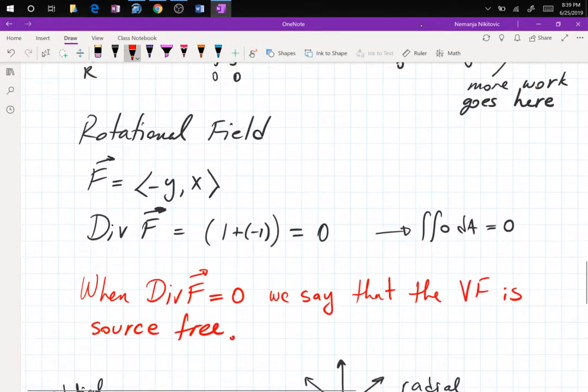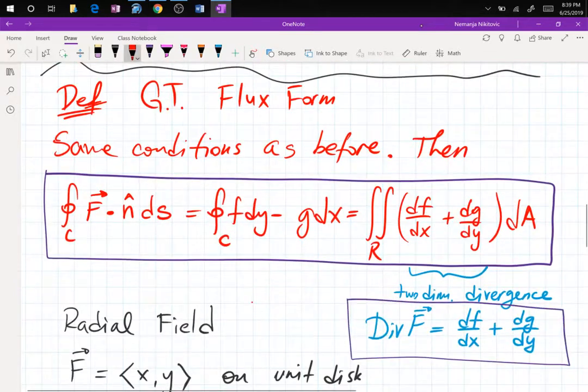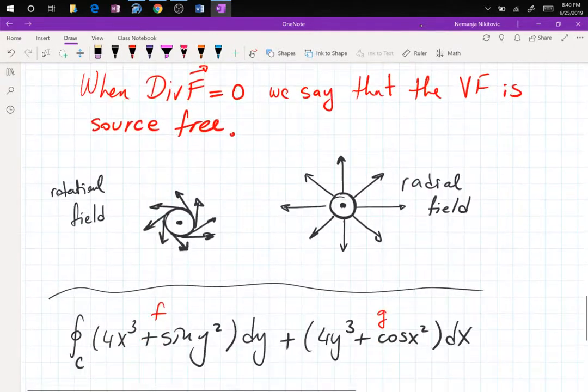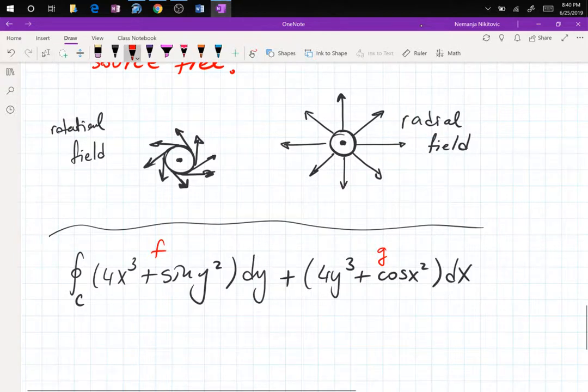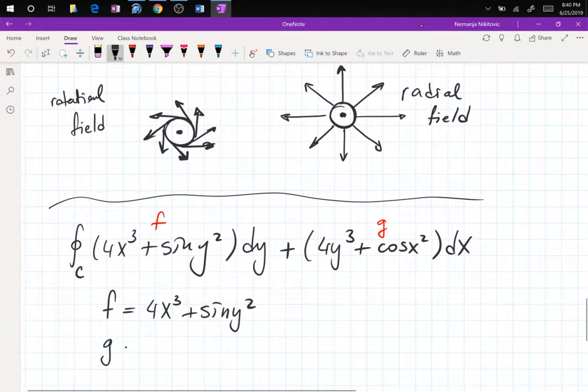You had that in the formula right here. Now note that there is a minus sign in here. Do we have a minus sign? No, we have a plus sign. So that means that each one of those will be picking up signs. So I'll say f is equal to 4x cubed plus sine y squared, and g is negative 4y cubed minus cosine x squared.